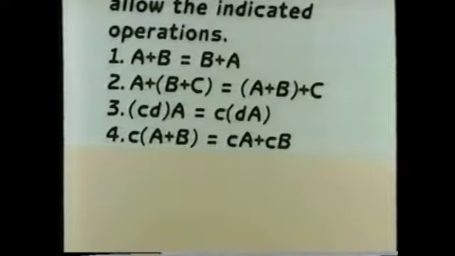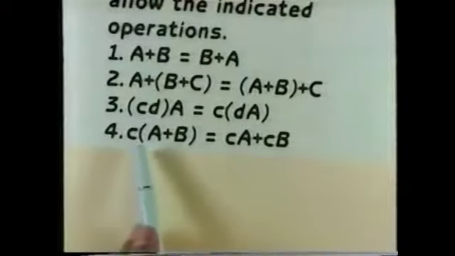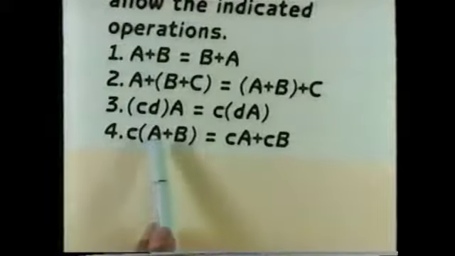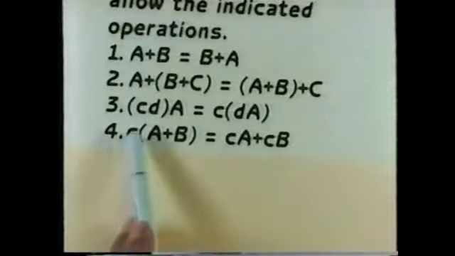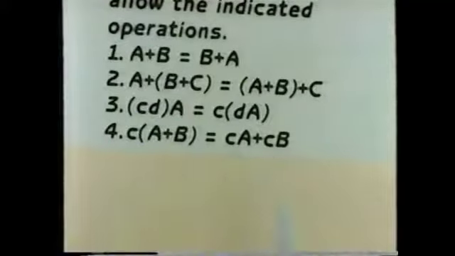Property 4 is the distributive property of scalar multiplication. This side tells me to add A and B and then multiply by C. I can get the same answer by multiplying C times A and then C times B, and then performing the addition.